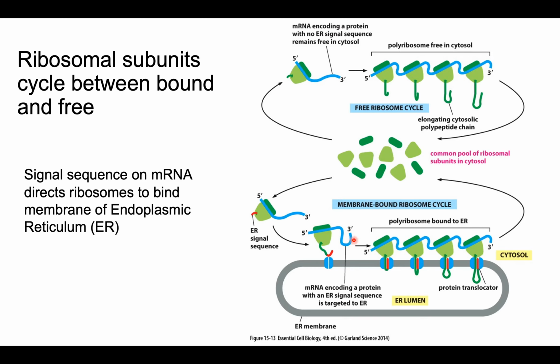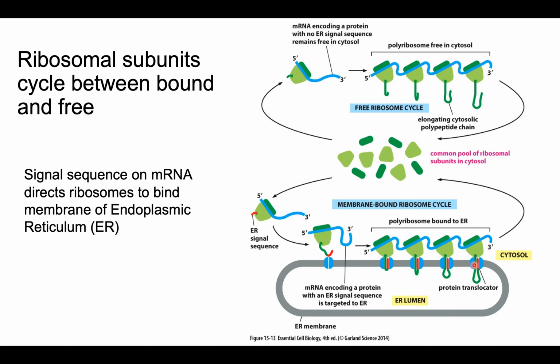So this signal sequence is actually going to bind inside this protein right here. And so you can see as we're translating it, it's actually going into the ER lumen. So rather than making a protein fully on the outside and then importing it in, the ribosome is bound, and as it's translating, it's adding these amino acids.